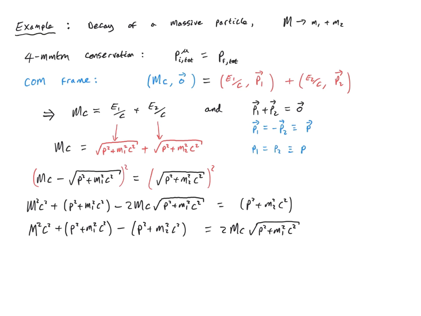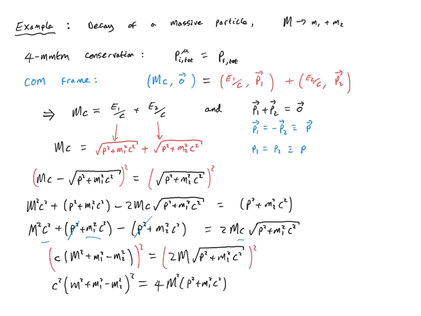Since then all pieces have a factor of c squared, I can cancel one of the c's with here. That gives me this result, and now I'm going to square everything again to get rid of the final square root. Now I can take this expression and rearrange for p, which is what we wanted to find in this question. And this gives us our final result.